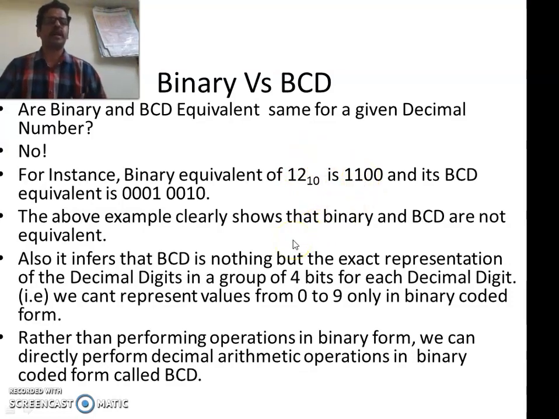Then one more question arises, why do we need to go for BCD arithmetic operations? We already know that computers can perform arithmetic operations on binary values. Now we are trying to make the computers to perform arithmetic operations directly with the decimal numbers with the help of concept called as BCD or binary coded decimal.